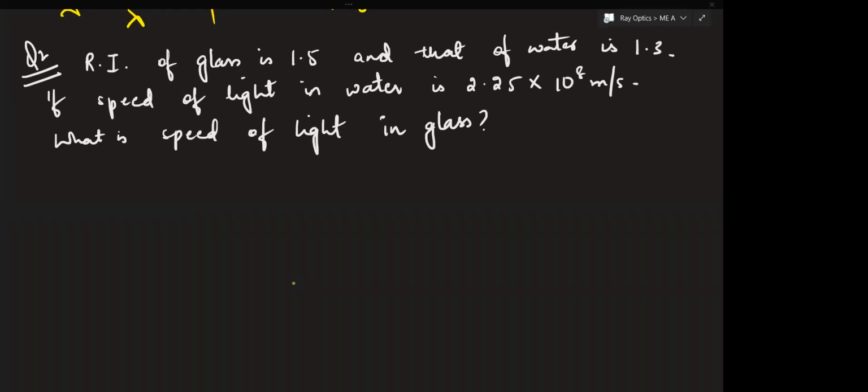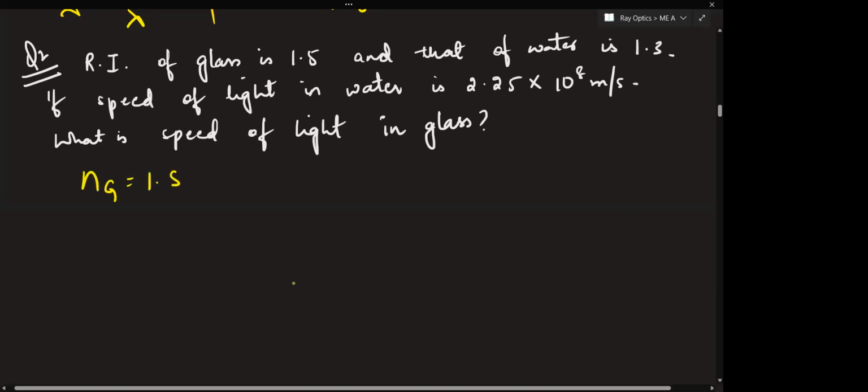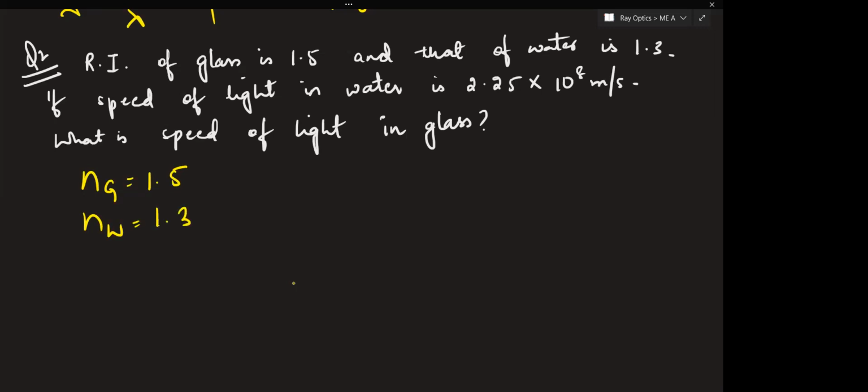Okay, the last question. Refractive index of glass is 1.5, refractive index of water is 1.3. Speed of light in water is 2.25 into 10 to the power 8 meter per second. Velocity in glass is unknown.